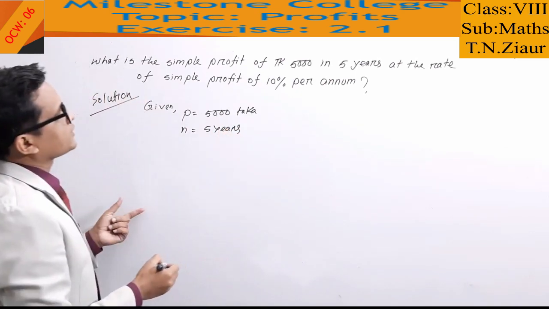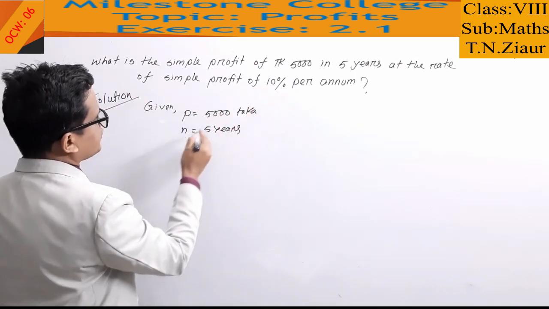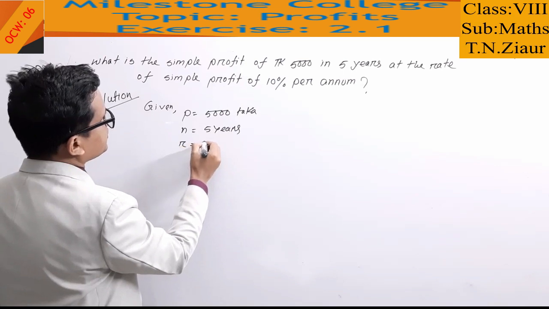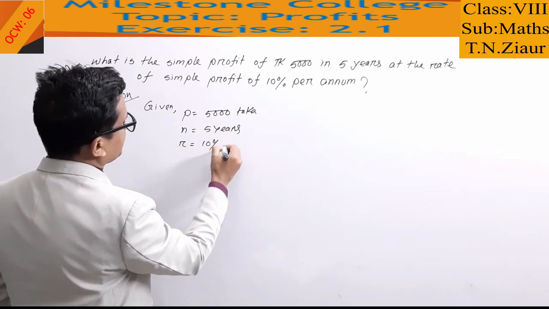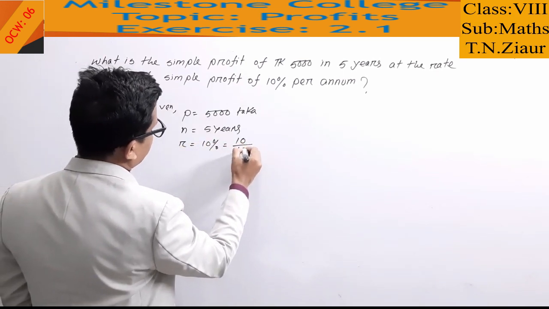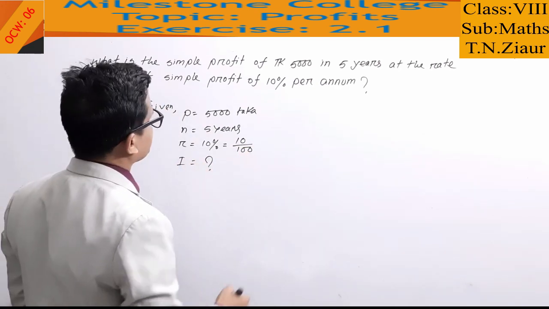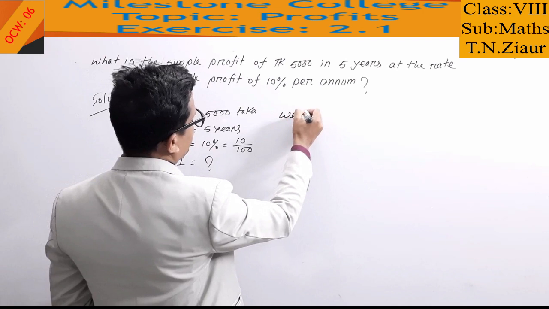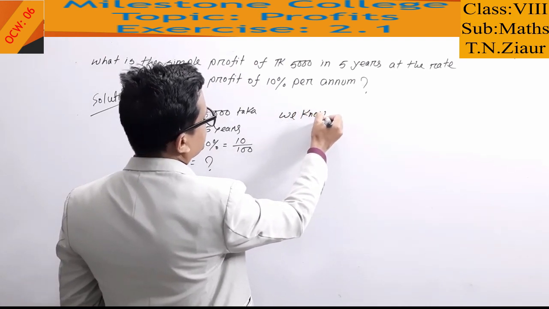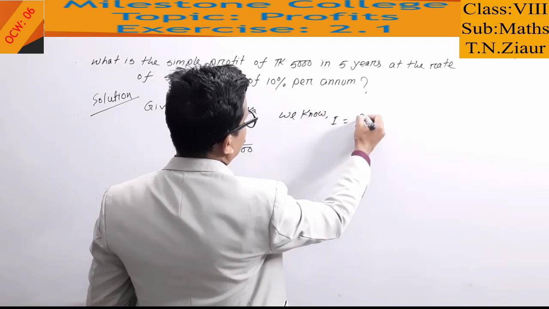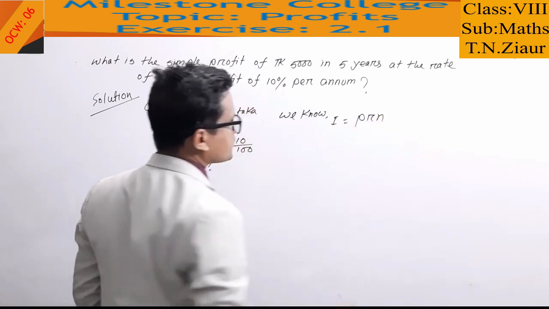Right, and at the simple profit, that means R is equal to 10%, or 10 by 100. Find I is equal to what? That means profit. So we know I is equal to PNR, this formula, right?